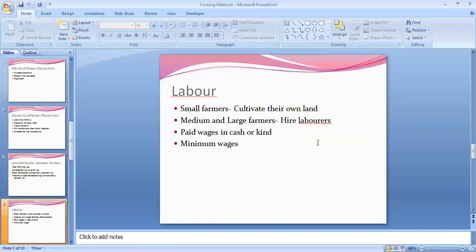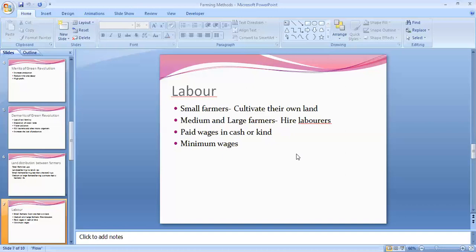And these farm laborers come either from landless families or families cultivating small plots of land. It means those people who are landless or have a small piece of land are hired as farm labor by the medium and large farmers.